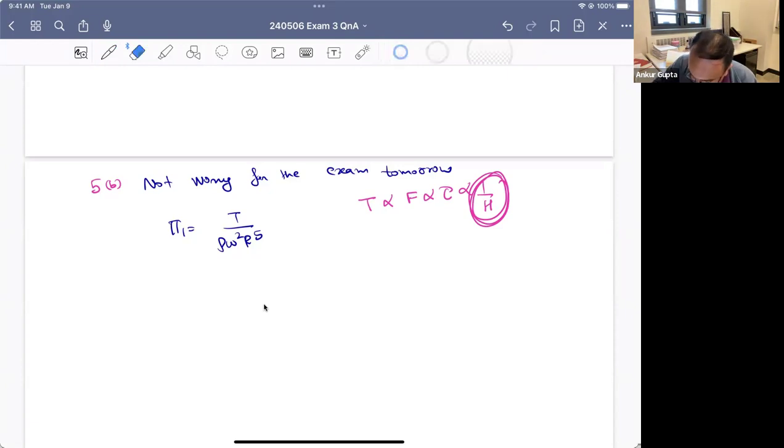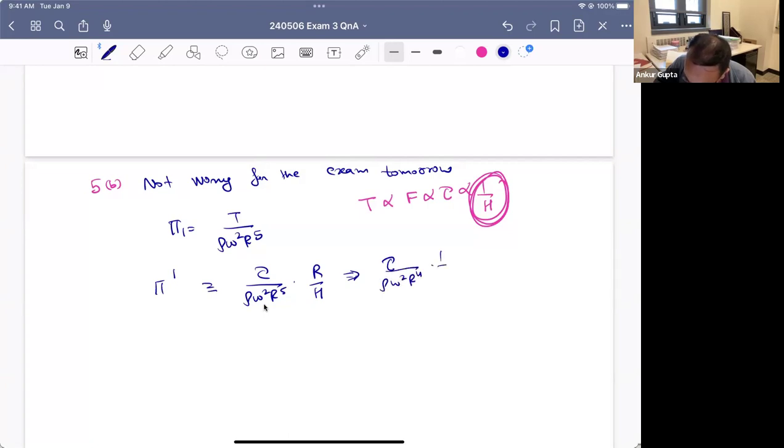To get 1 by h dependence, essentially we will multiply this by rho omega square R to the 5 into R by h, and so we define some pi prime. This becomes rho omega square R to the 4 into 1 by h. So that was the idea. If you look at the practice solution, I had a different dimensionless group there, and still I basically forced it to be a relationship with 1 by h.